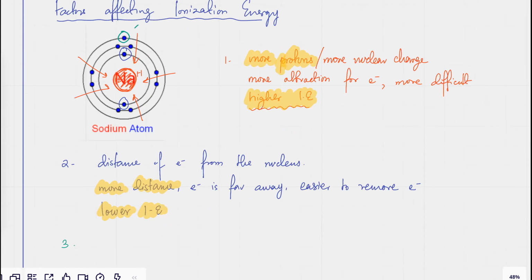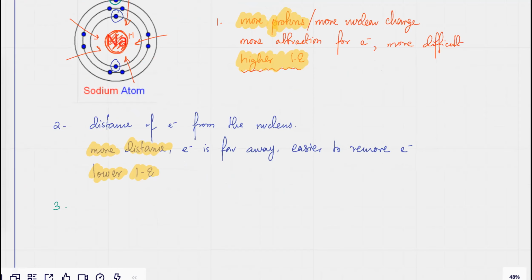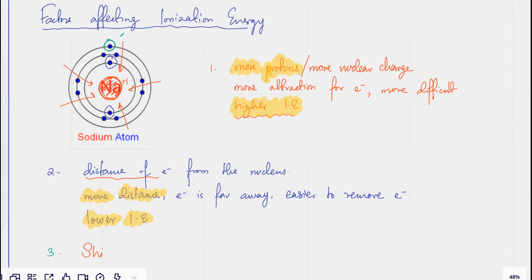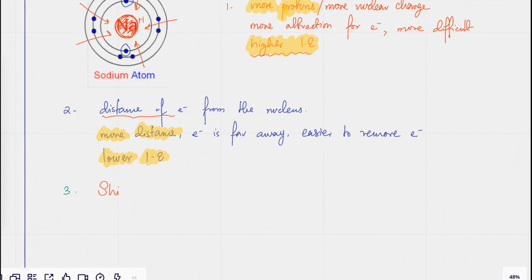Yes. So the third factor is known as the shielding effect. The second factor is the distance of the electron, and the first one is protons. The third one is called the shielding effect, or the number of inner shells.